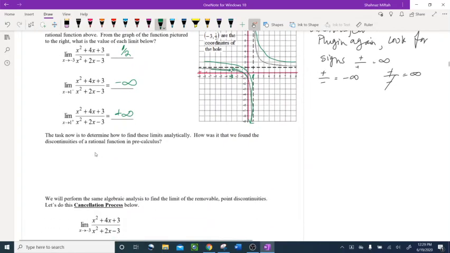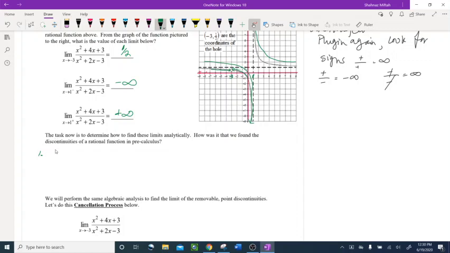The task now is to determine how to find these limits analytically. How was it when we found the discontinuities of a rational function in pre-calculus? Now you have to be very careful. First part, if you get a number over 0, which means it's undefined, that's a discontinuity, a hole, or maybe vertical or horizontal asymptotes. How do we know, without the graph, from the function alone, whether we have a hole or a vertical or horizontal asymptote?